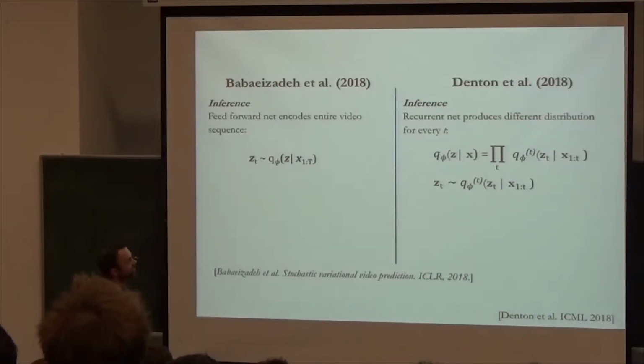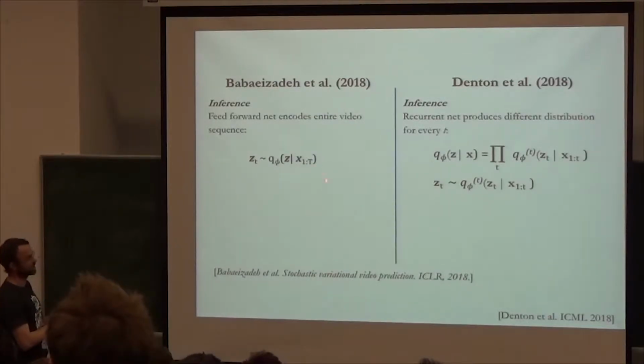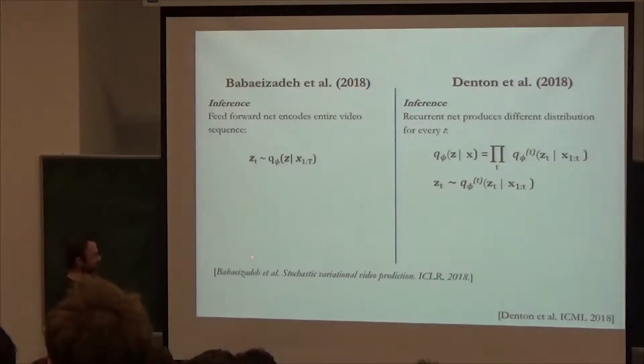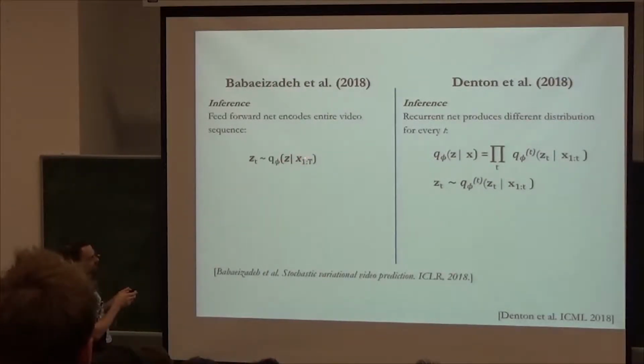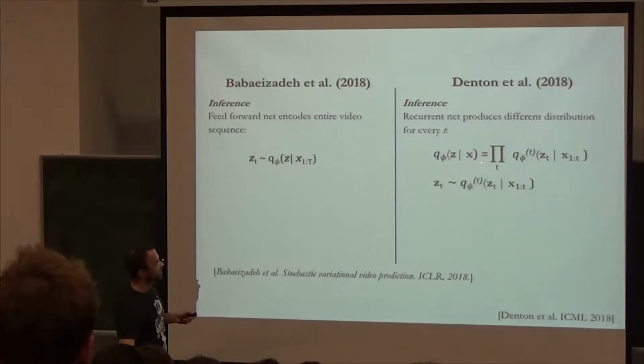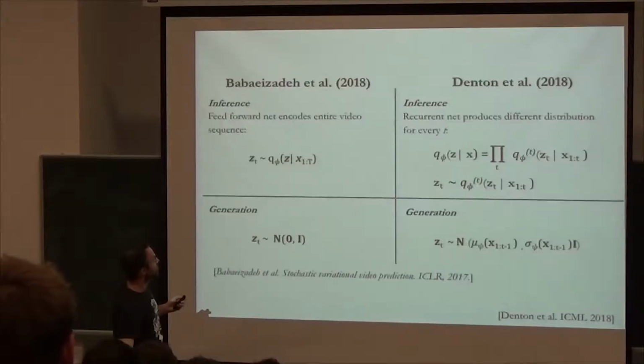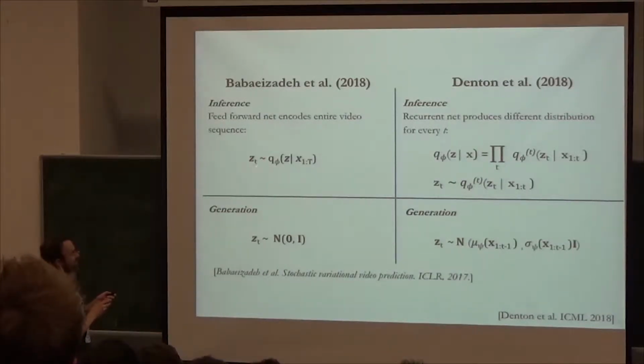Let me talk a little bit about these things. It turns out that when you're doing this kind of thing, the structure of these priors and how you use them really makes a big difference. There's some concurrent work with ours where they were doing something very similar. So this was their approach, this was ours. In their case they're also building an encoder conditioned on the previous sequence of frames at training time.